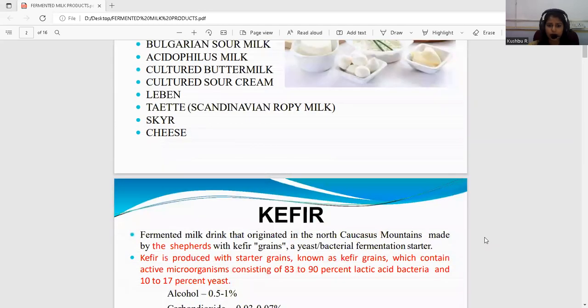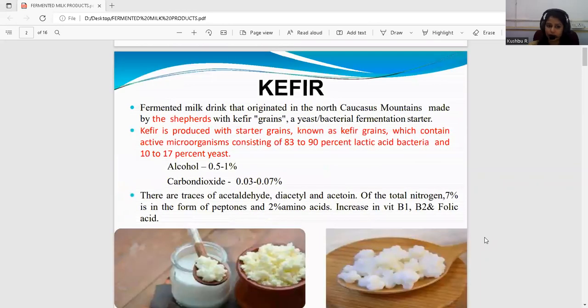Here we are going to learn about kefir in particular in today's class. Kefir is one of the important fermented milk products that we get in the industry, which is also believed to be an important probiotic that can influence the gut bacteria.